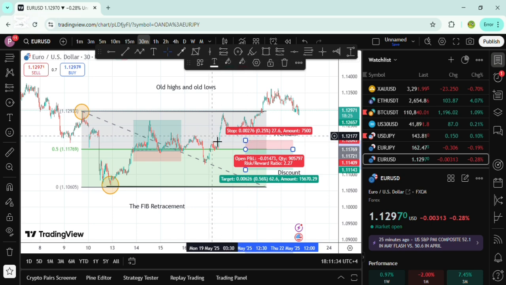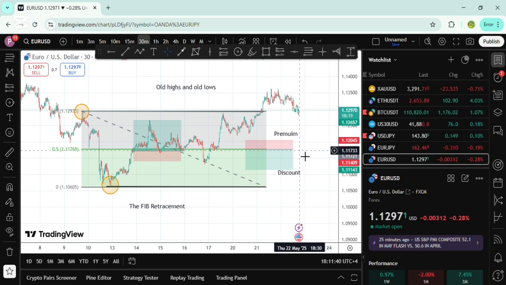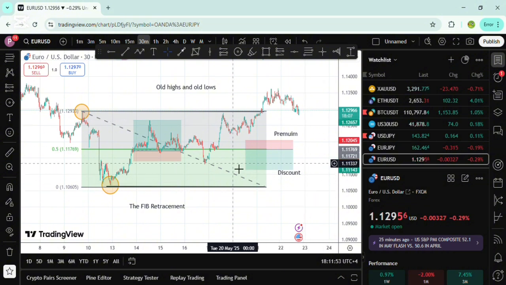You can see that 0.5, which is the middle, is the scale. So we are waiting for the market to drop down and tap me in the market before it will hit my TP, which is the green side of the trade.